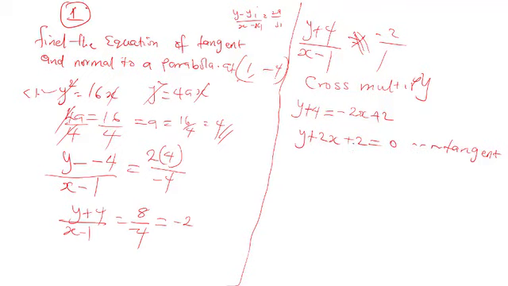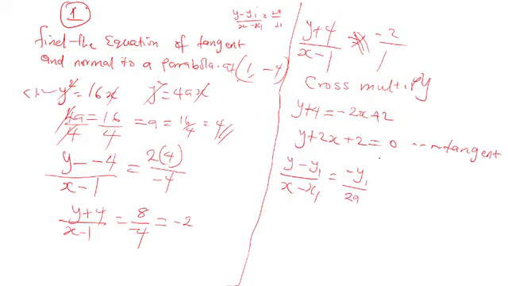Now we proceed to looking for the equation of normal. Remember the formula for the equation of normal, which states that y minus y1 over x minus x1 equals minus y1 over 2a.